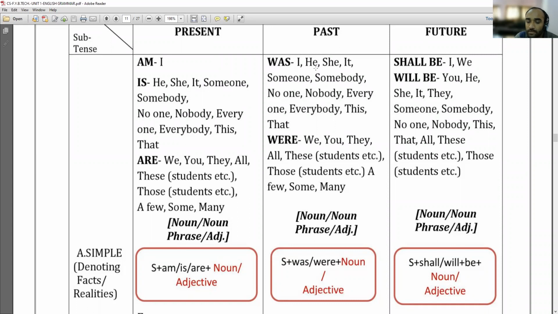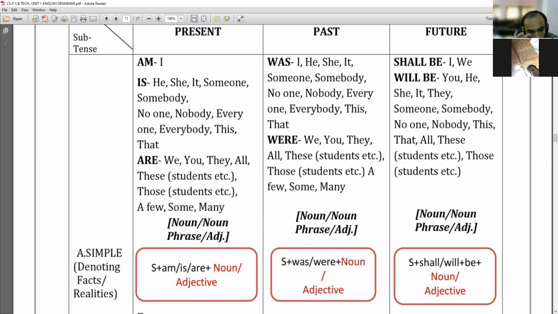So student is what? Noun. I was a student before 5 years. So here we use noun or adjective for showing the realities or facts in the past tense. So subject plus was or were plus noun.